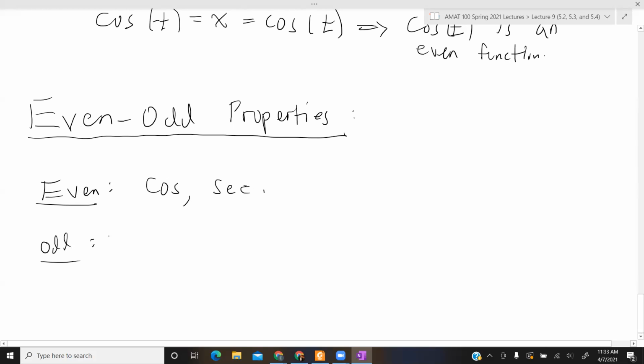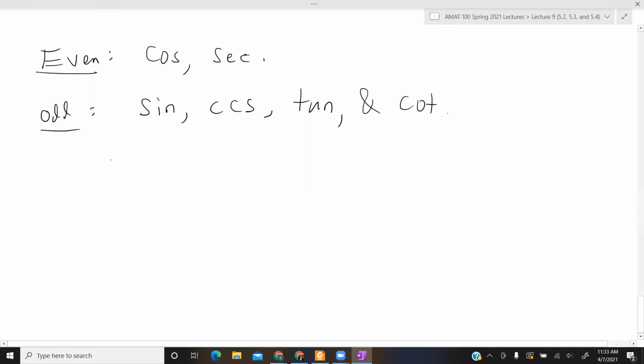The odd ones are going to be sine, cosecant, tangent, and cotangent.